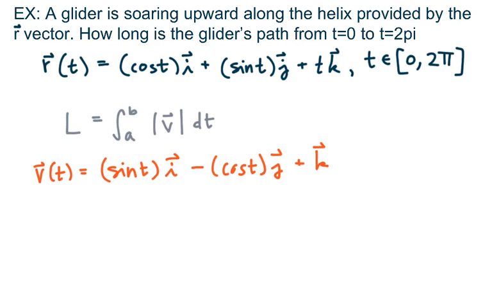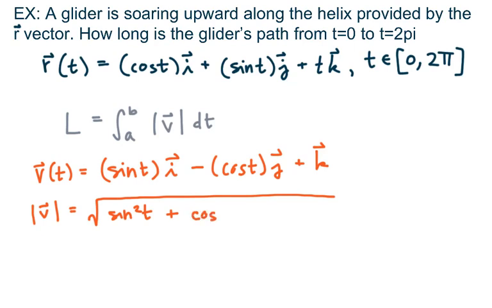The magnitude of that velocity vector is the square root of sine squared t, plus cosine squared t, plus 1 squared, which is just 1.